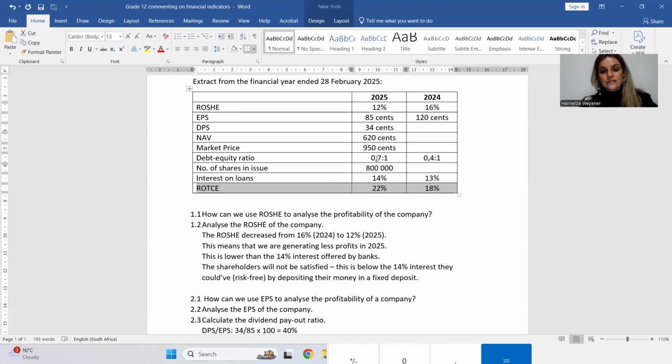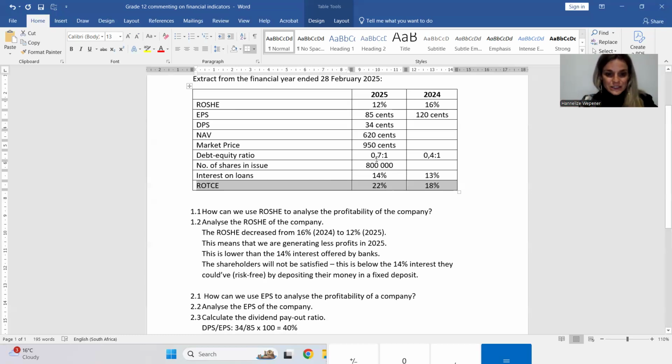And then I've also seen different sources with different answers with regards to when is something lowly geared, when is it highly geared. So that's why I prefer working on a ratio of 0.5-to-1. After that, you're really going to be very concerned about your business because then they are not credit worthy.